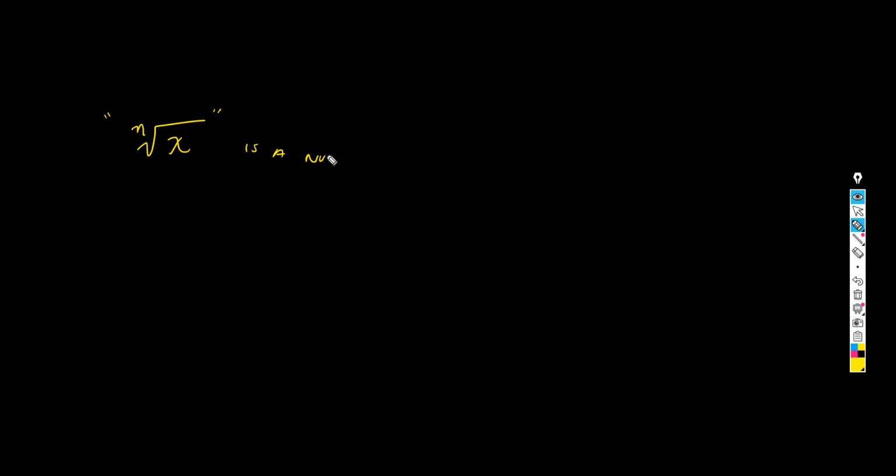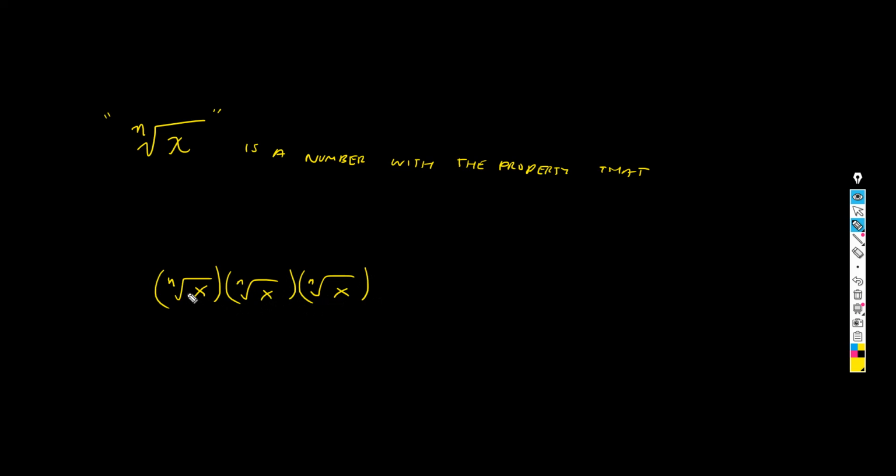We're going to define it in this way, with the property that when you multiply such a number by itself n times, like I'm multiplying the same number, the nth root of x, by itself n times.